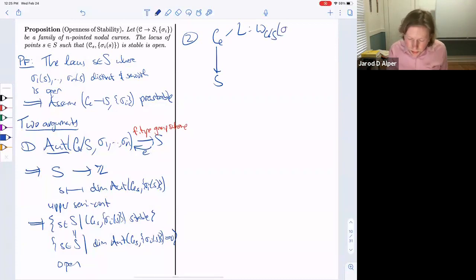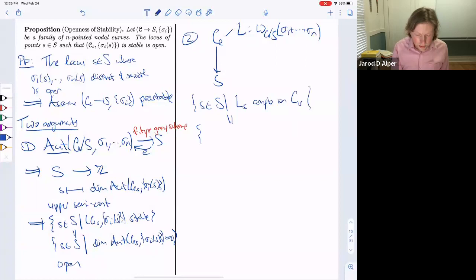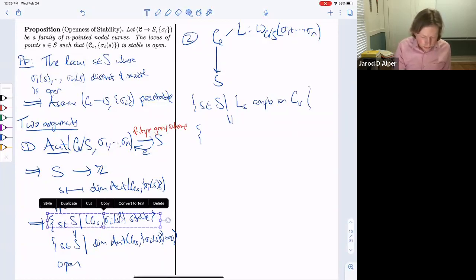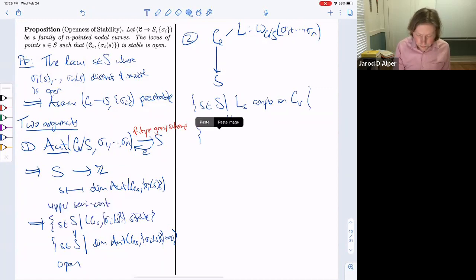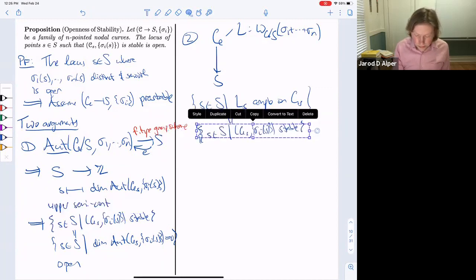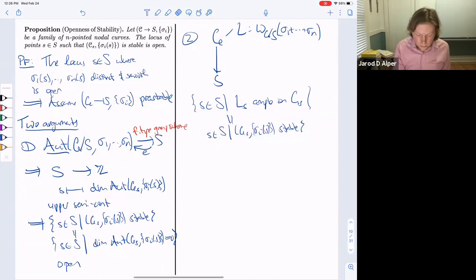Well, actually, let me twist by the marked points. Then the locus of s such that L_s is ample on C_s, we've shown this is exactly the locus where the curve is stable. And so again, we get that it's open.